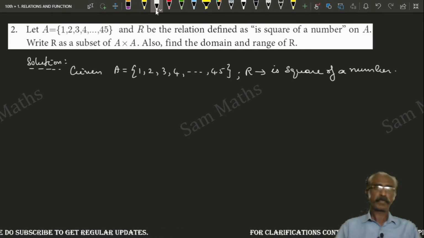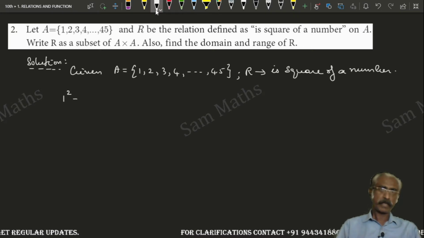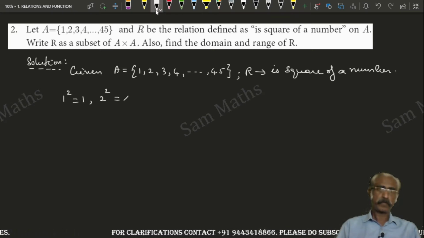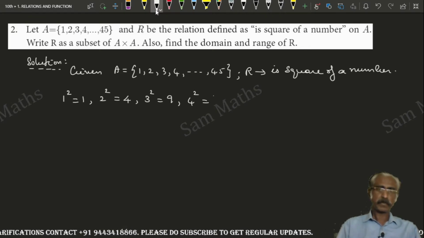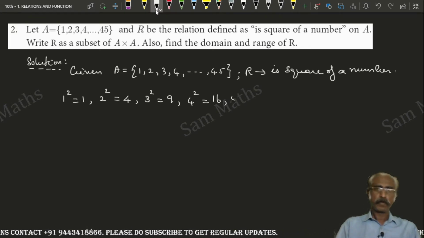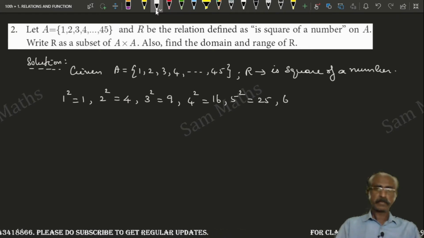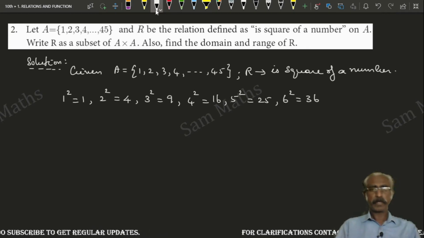Dear children, now I can write 1 square is equal to 1, 2 square is equal to 4, 3 square is equal to 9, 4 square is equal to 16, 5 square is equal to 25, 6 square is equal to 36. If you are going for 7 square, it's 49.